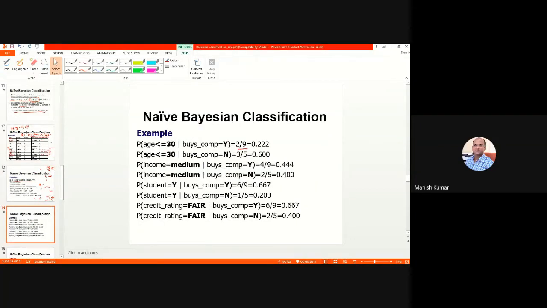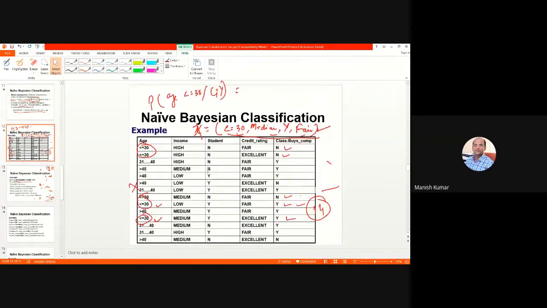Similarly, you can check for income, medium, and then class. For medium, you have 6 instances. Now check, there are yes, 1, no, 2, then 3, then 4, and there is no. So there are 4 instances of medium that are yes.